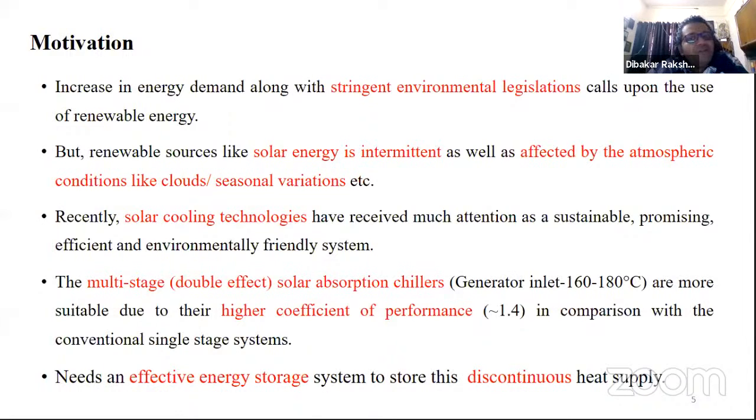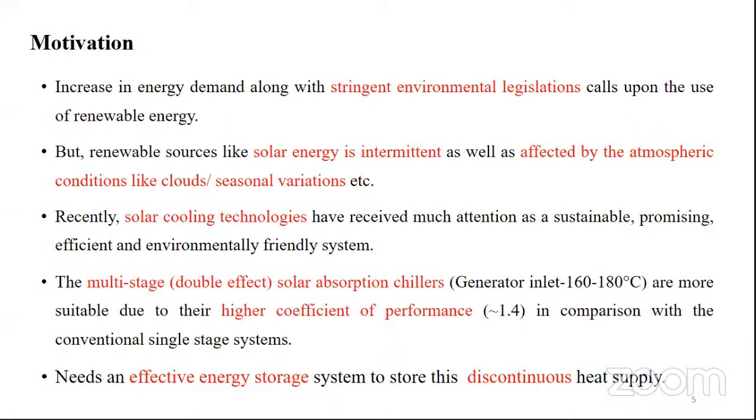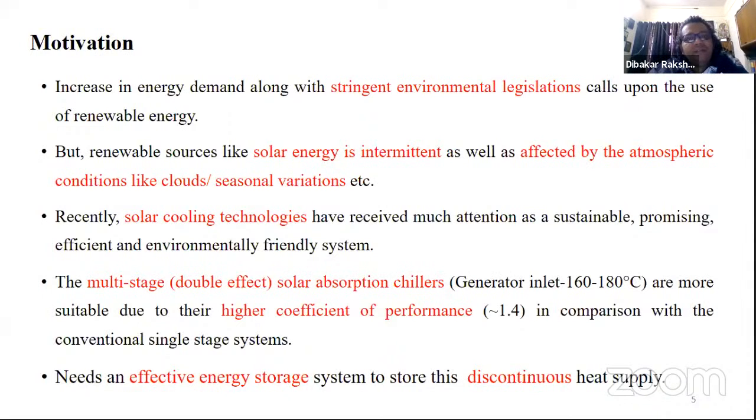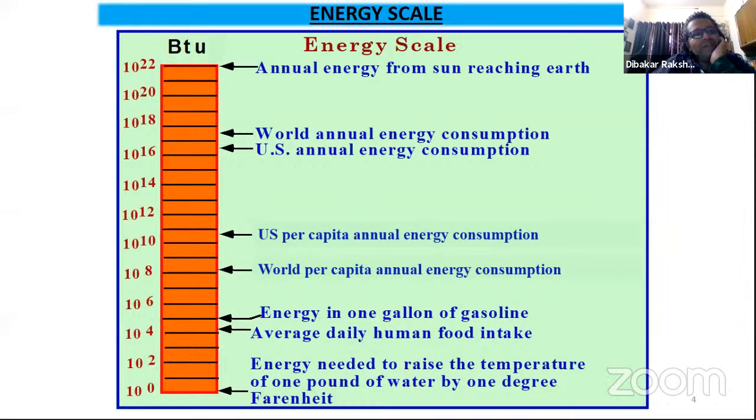So at that time also the amount which we are receiving from one particular point on Earth's surface is not similar because of the seasonal variations. So you can see that day and night variations, seasonal variations, these are some of the factors to be kept in mind when we are saying that we are receiving 10 raised to the power 22 British thermal units from solar energy. Is it clear?